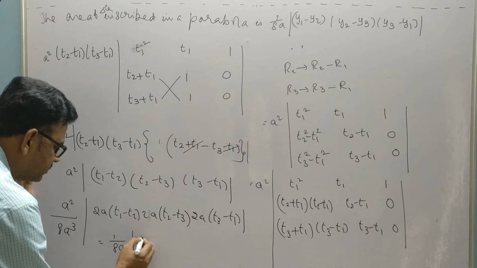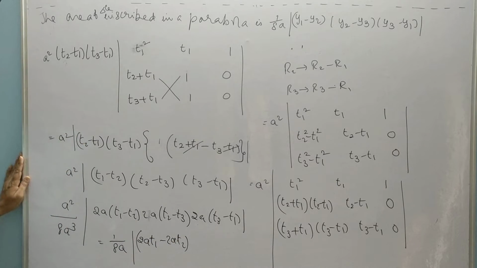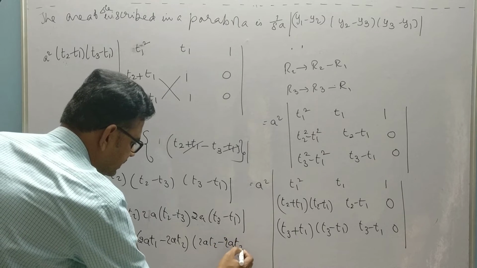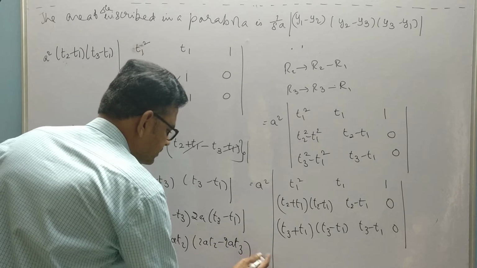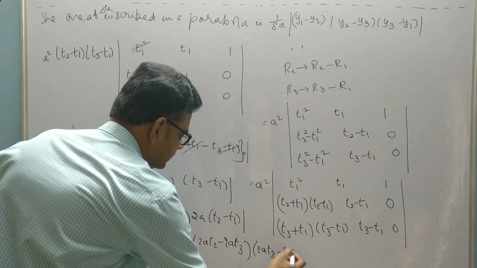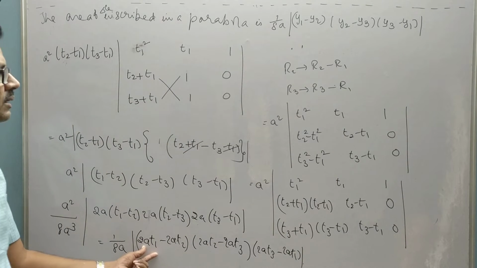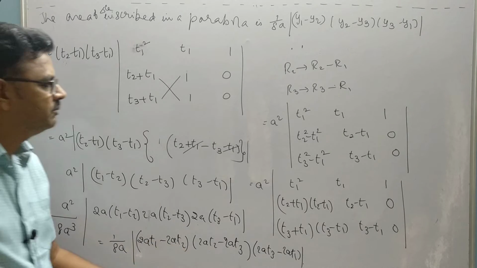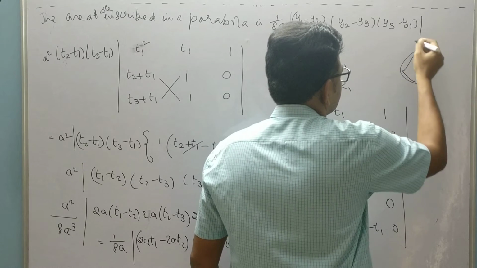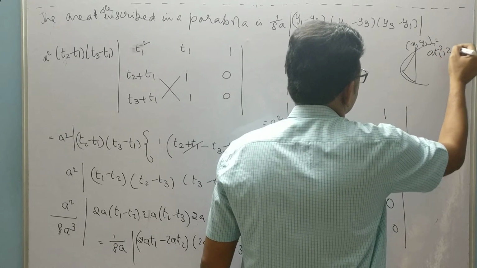Determinant of this is 2a T1 minus 2a T2, and this is 2a T2 minus 2a T3, and it is 2a T3 minus 2a T1. What about this one? This is nothing but y1, this is y2. What is x1, y1? Here the point x1 comma y1 is a T1 square comma 2a T1.